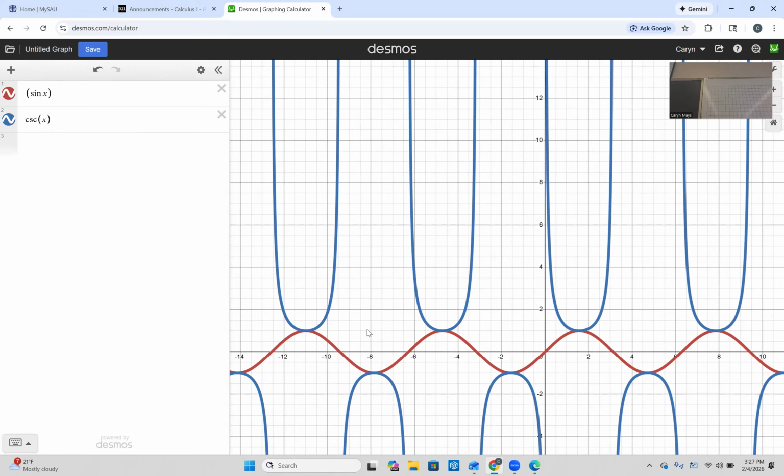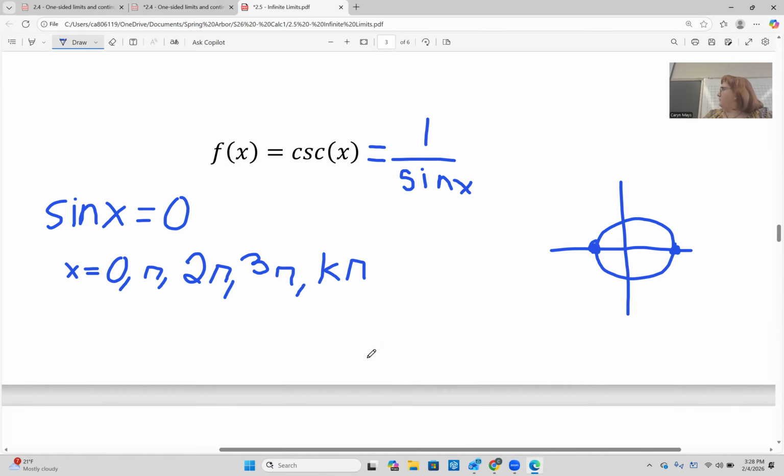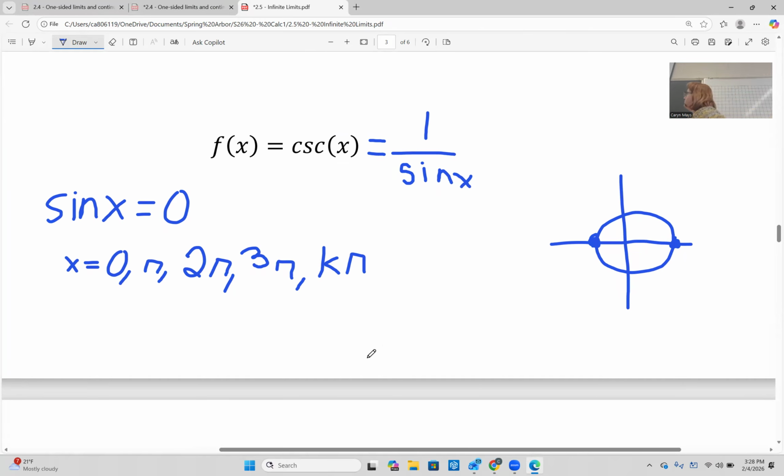We could figure out the signs if we worked hard with our trig knowledge, but ultimately the big thing is where the vertical asymptotes are, which was what the question was asking. All of the vertical asymptotes of cosecant are at those zeros of sine. And the zeros of sine are the multiples of pi.